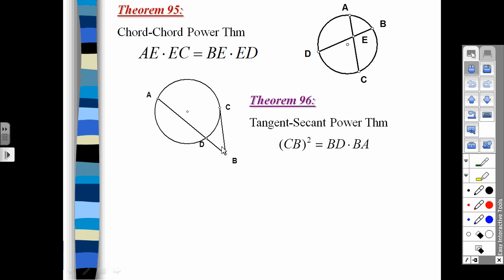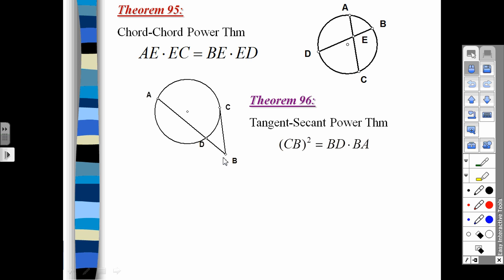Okay? So the formula or the theorem states that if you take the tangent segment CB and you were to square it, it is equal to the little piece that's outside of the segment, or the secant segment, this little piece, dB, multiplied to the entire secant.